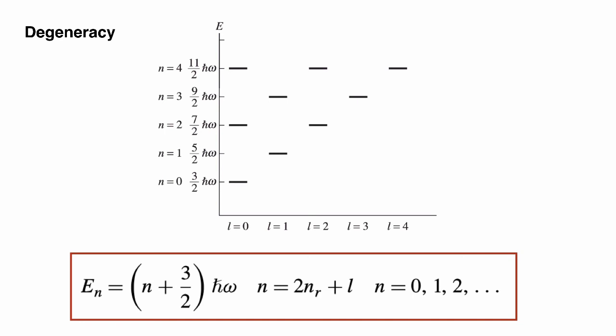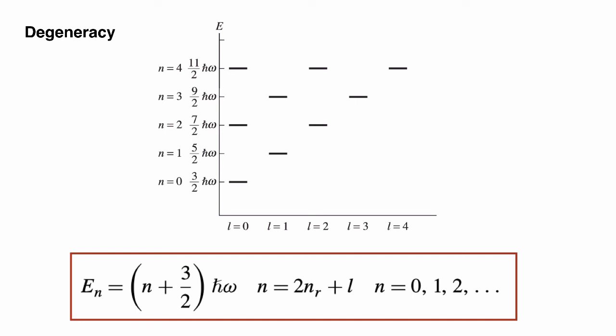So you see, these are the different possibilities of realizing a number n. For example, n equals 0 we can only realize by L equals 0 and nr equals 0, so we don't have any degeneracy. For n equals 1, we can only realize it with L equals 1 and nr equals 0, so there is no degeneracy either.